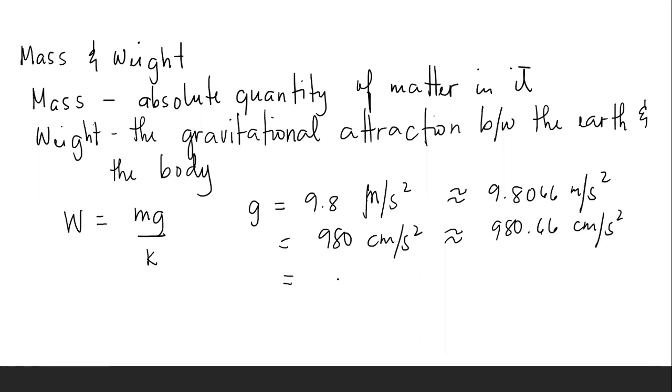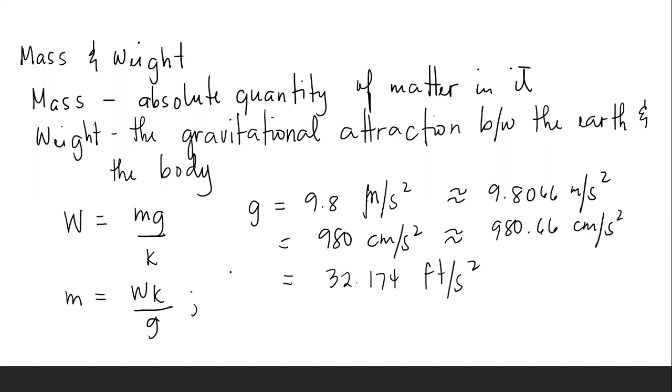And for the English, you have 32.174 feet per second squared. From this one, we can say that your mass is equal to WK over G.